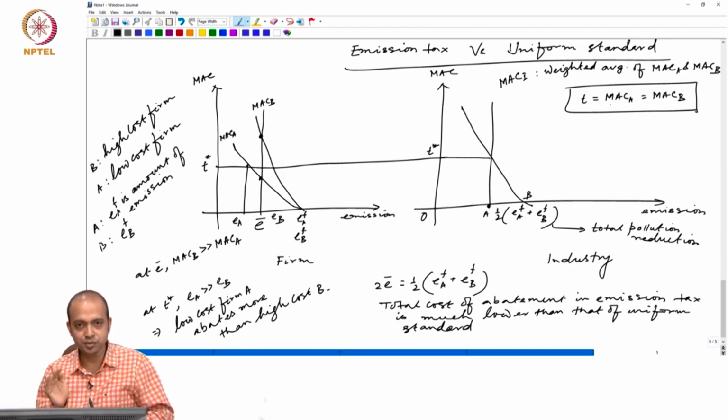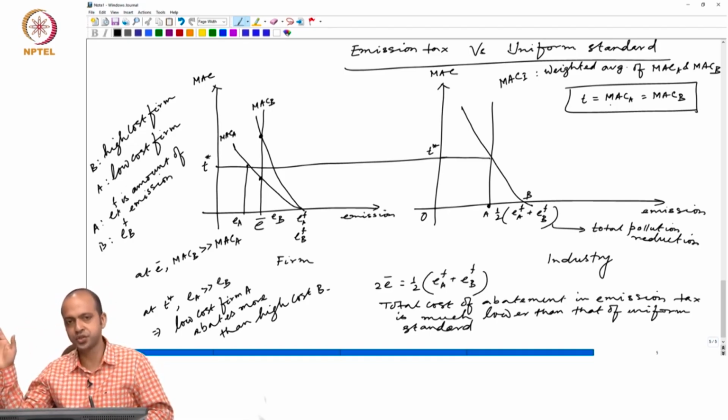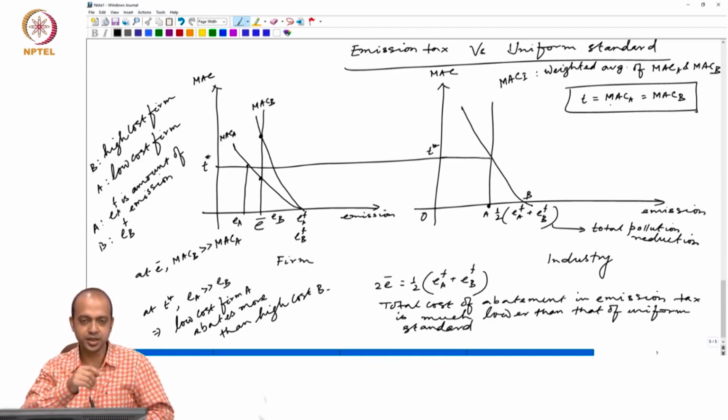The only objective is to contrast this market based instrument against uniform standard, which we generally consider as command and control, because the policymaker is simply fixing an amount from the outside. No flexibility is given to the firms to decide their amount of pollution control based on their marginal cost of abatement, which is the case in the context of emission tax.